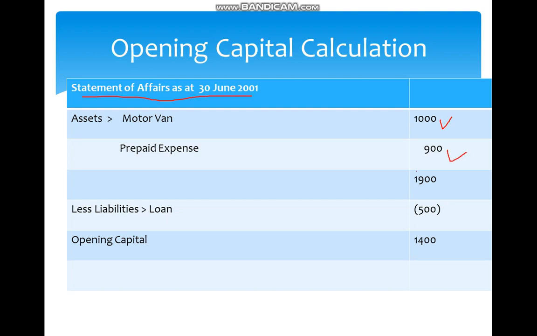Then we add the two, and we get a total of 1900. Then our liability was the loan, so we deduct this loan. This is the systematic way. I'll give you an example also to try.